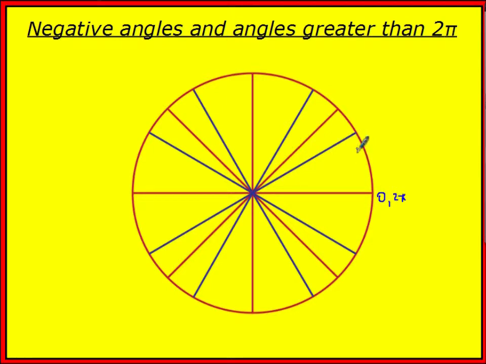If we keep going, I start here, I go all the way around, but then I keep going, that's 2 pi. Since 2 pi is the same as 12 pi over 6, this one would be 13 pi over 6. Go another pi over 6 would be 14 pi over 6. Of course, 14 pi over 6 would simplify to 7 pi over 3.